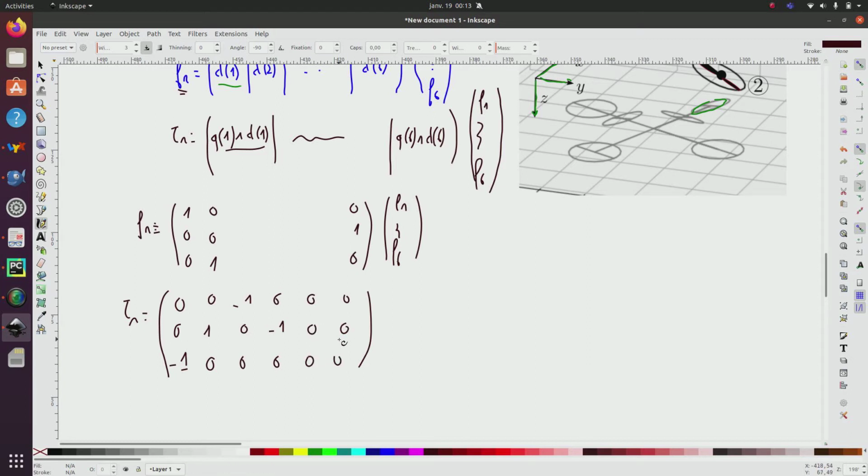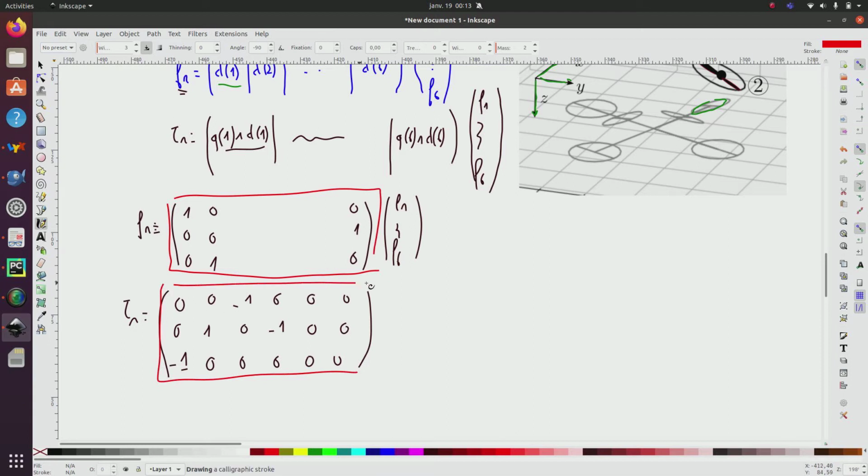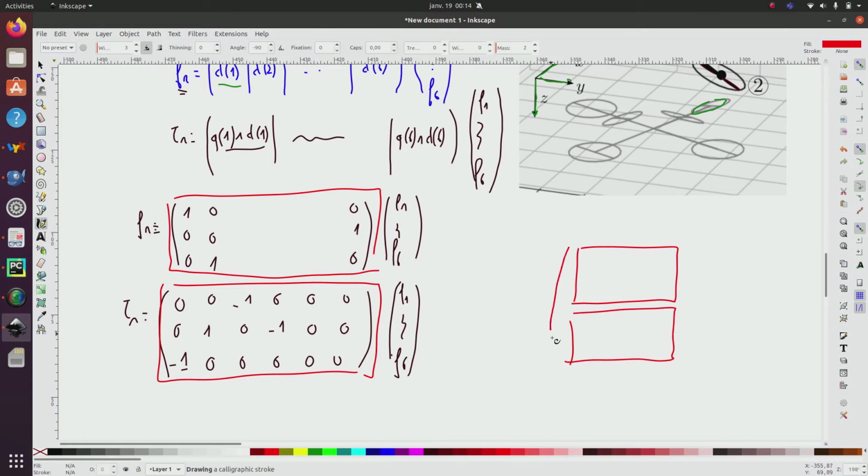So if I take this matrix plus this matrix, I will concatenate them. I forgot to write f1 to f6. If I concatenate these two matrices like this, I will obtain a big matrix, which I will call C, and it is classically called the concentrator.